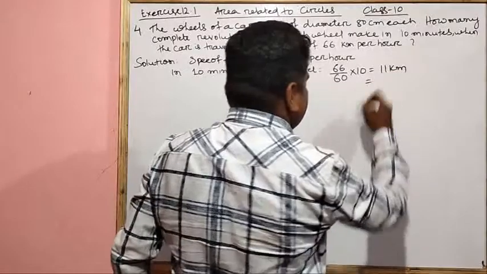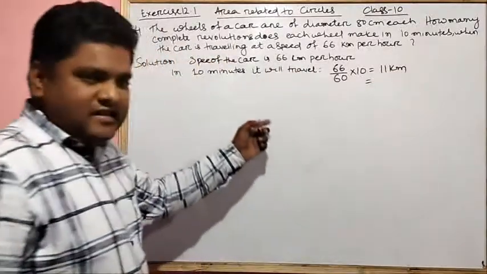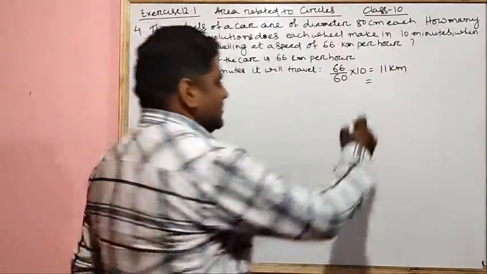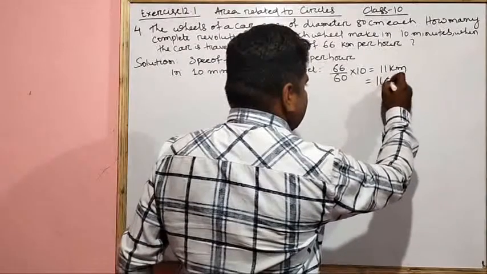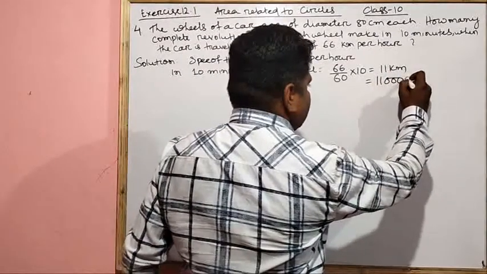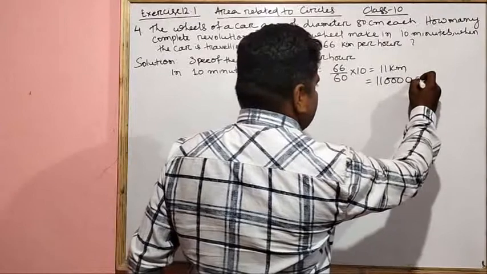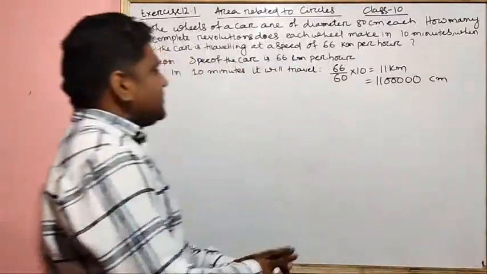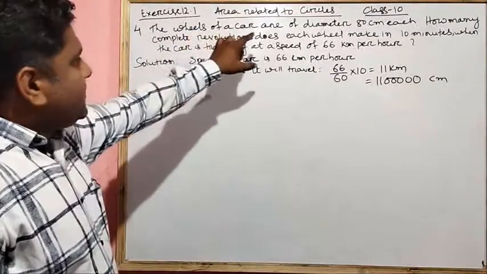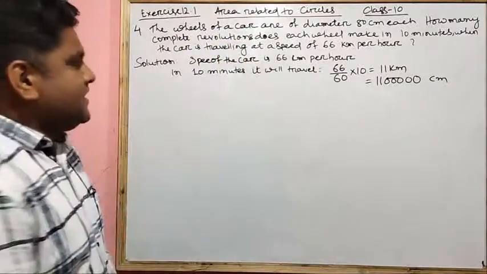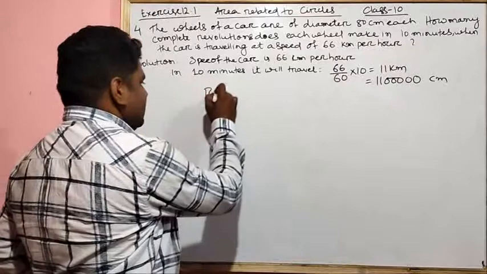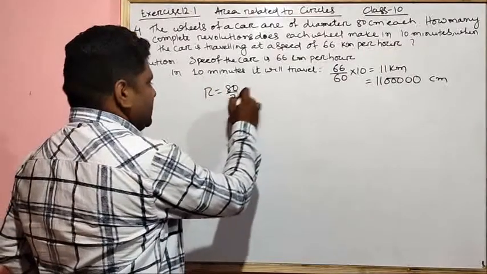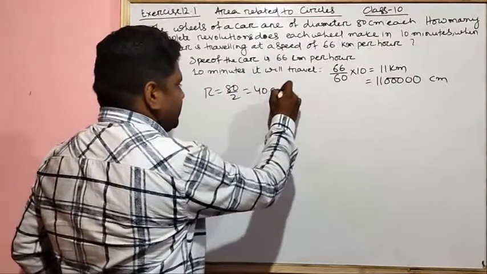11 km. Converting this into meters, it will be 11,000 meters. Then converting this to centimeters, we have to put two more zeros. It is this much centimeters. The wheels of the car are of diameter 80 cm, so radius r equals 80 by 2, equal to 40 cm.